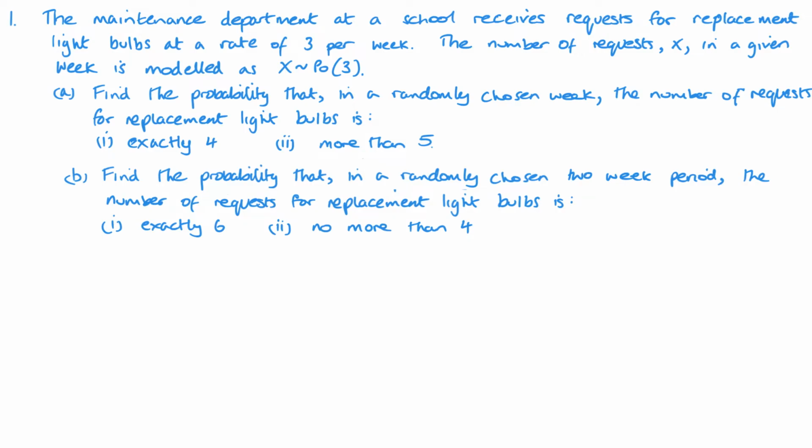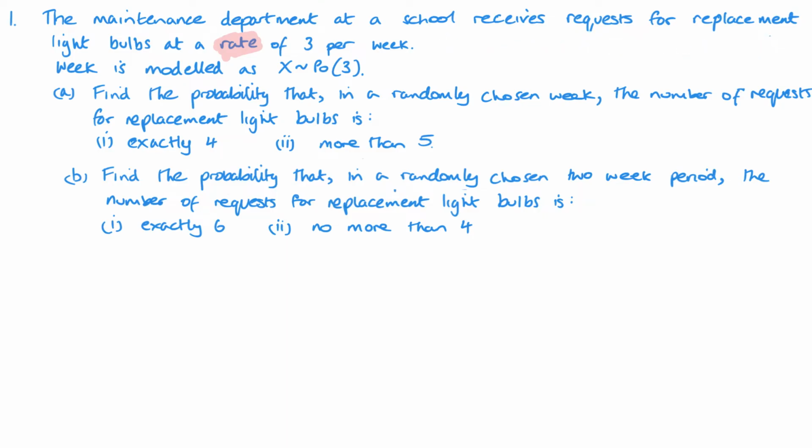So this question here, we can see the word rate in it, which is what's going to tell us that this is a Poisson distribution. That's the biggest hint for you guys. Obviously this one's been a bit simpler with this extra sentence in here, which we could have not even had.